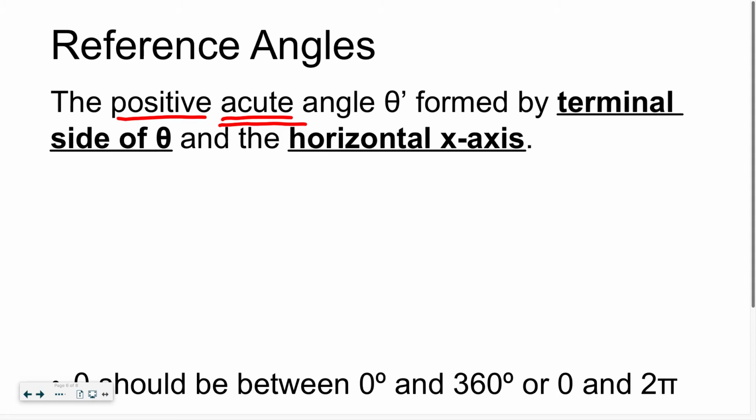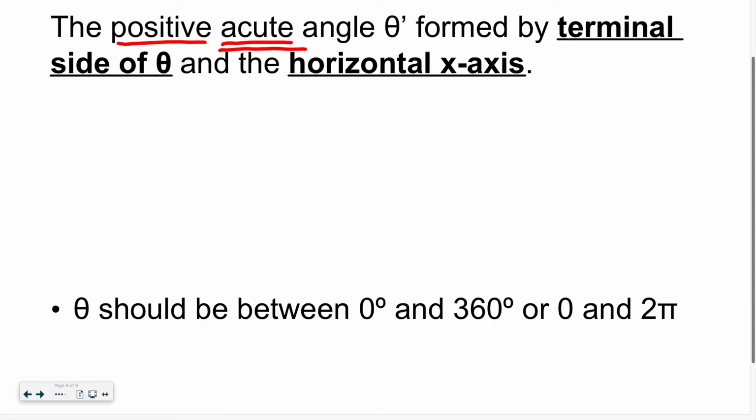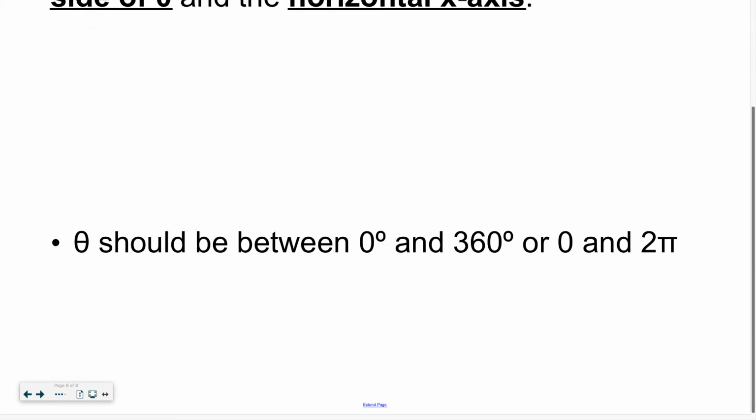I'm going to do some work for quadrants 2, 3, and 4. But before I do that, this bottom statement is really important. Before you ever get too far into finding a reference angle, it's easiest, and you really should do this right away, to make sure that theta is between 0 and 360 or 0 and 2 pi.